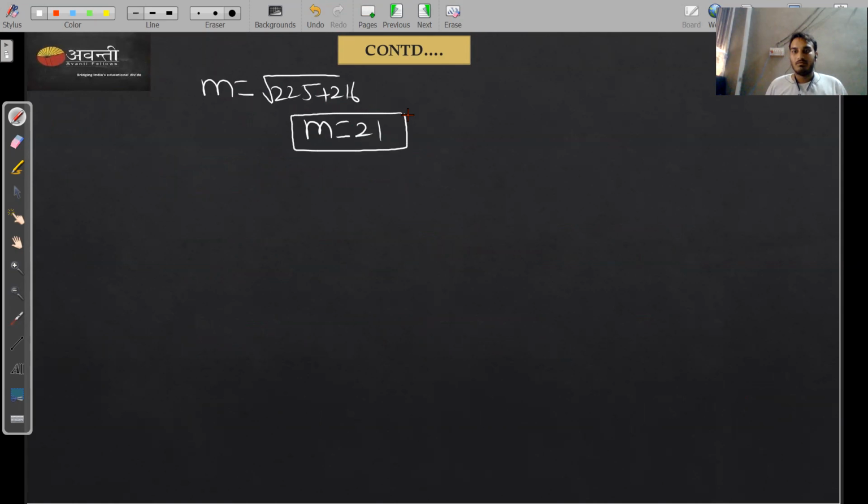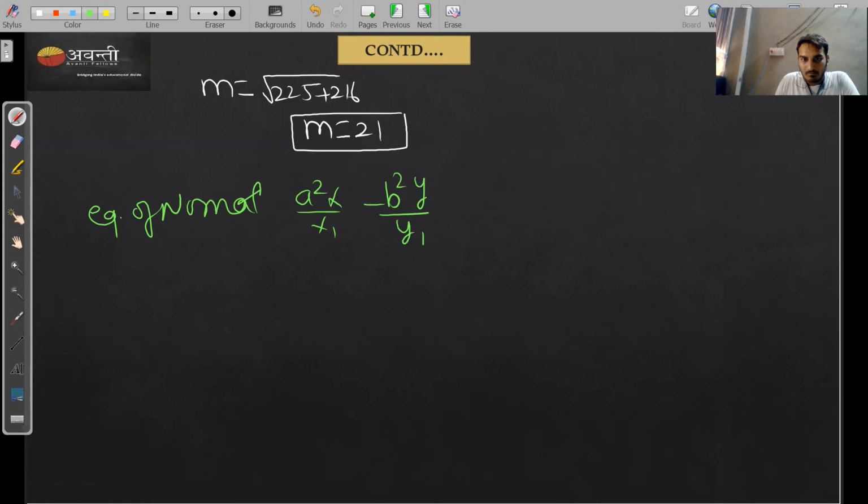Now we have to find the capital M value. So what is the equation of normal on the ellipse? Tell me the equation of normal. The equation of normal is a square x by x1 minus b square y by y1 is equal to a square minus b square.